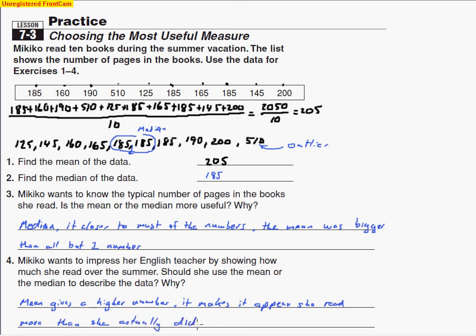So I wouldn't recommend you doing what she wants to do here. I'd typically go with what she really read, be truthful. But if she wants to lie, that's the way she'd end up doing it.